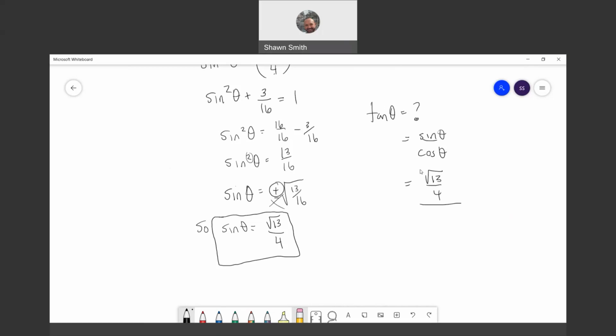And the cosine of theta was given, square root of 3 over 4. That equals square root of 13 over 4 times the reciprocal of the bottom, 4 over the square root of 3. Fours cancel, leaving square root of 13 over the square root of 3, and let's rationalize it.